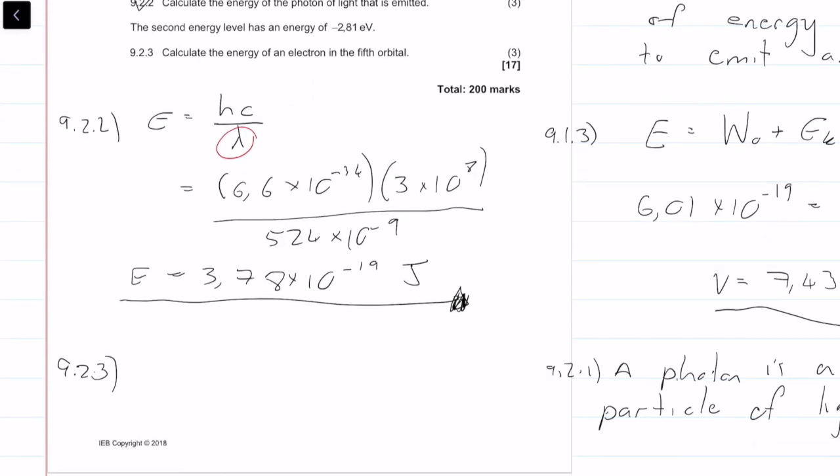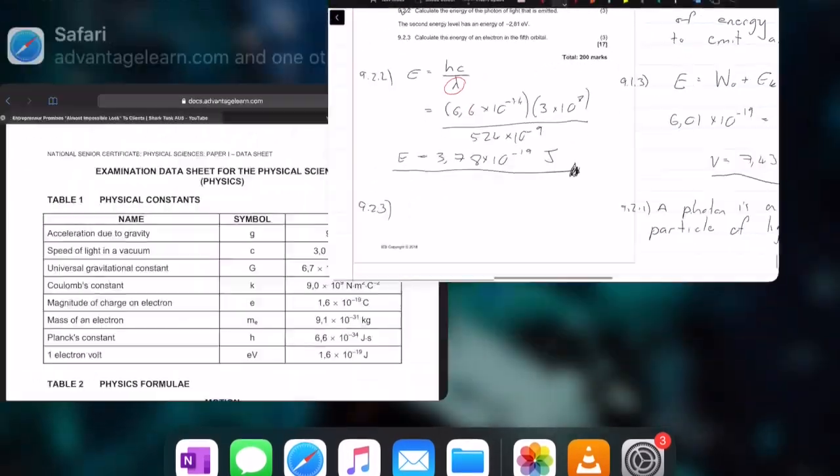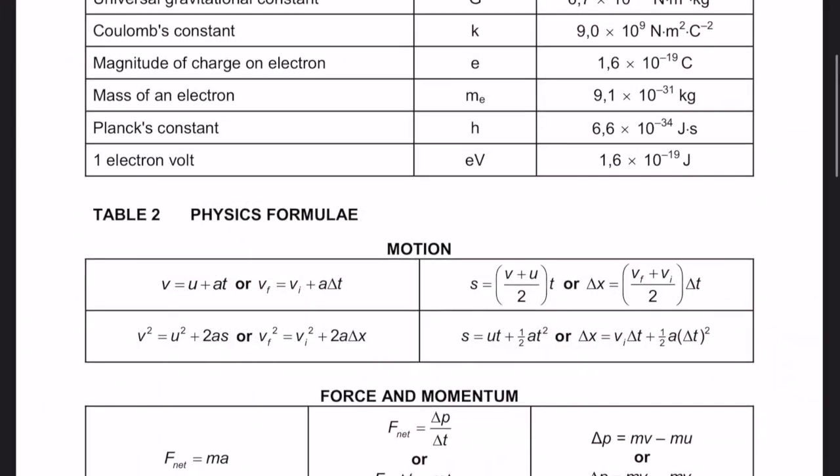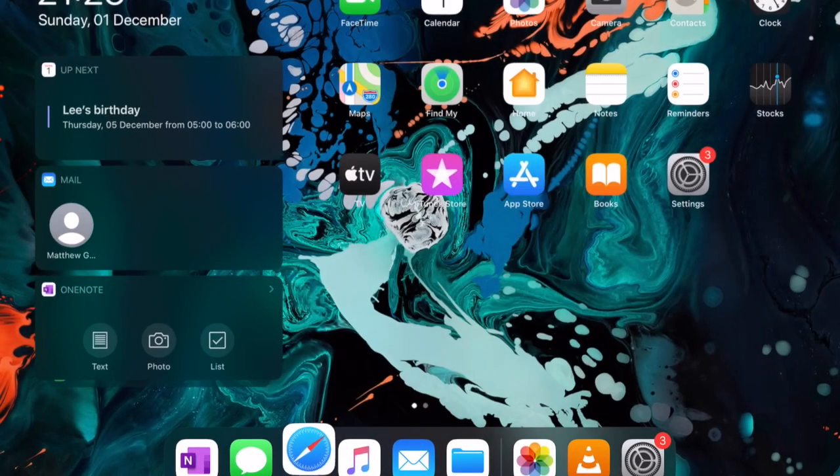If we look at the formula sheet, we know that 1 electron volt is equal to 1.6 times 10 to the minus 19 joules.